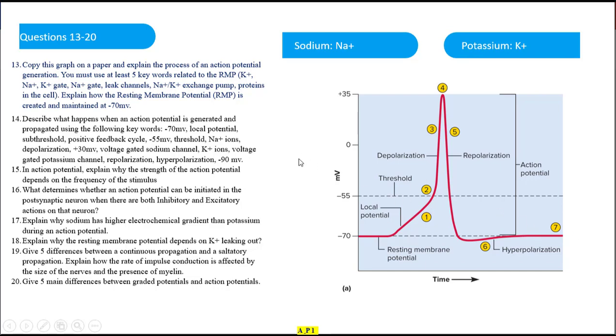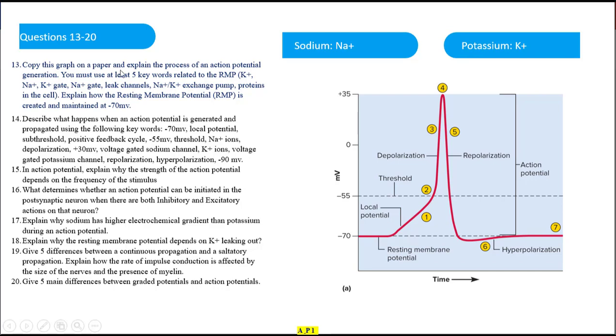What is this? This is just the graph to show you how the inside of the neuron's cell changes from negative 70 millivolts to plus 35 and comes back to itself. This graph is showing how action potential happens, which is the movement of ions in and out of the neuron, depending on the situation.